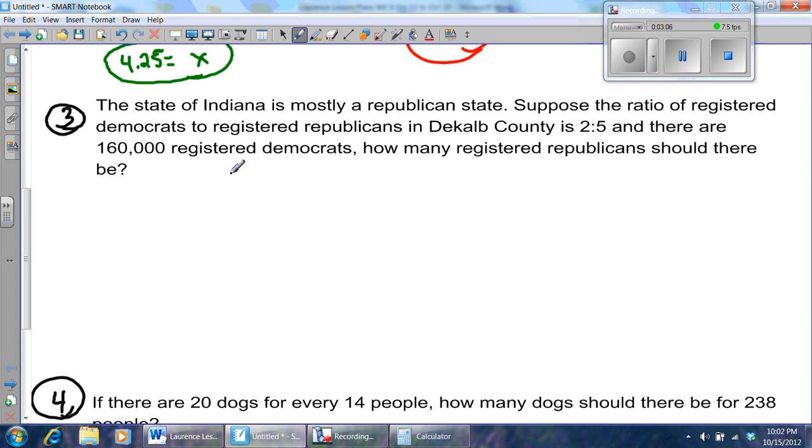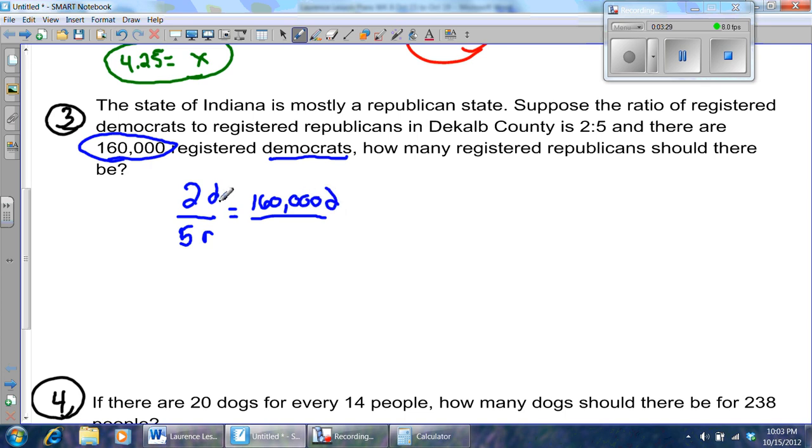We're going to do 2 Democrats for every 5 Republicans, and that's going to equal this other number here, this 160,000. It's a Democrat number, so I'm going to put it in the numerator because the other Democrat is in the numerator. And then my number of Republicans is unknown.